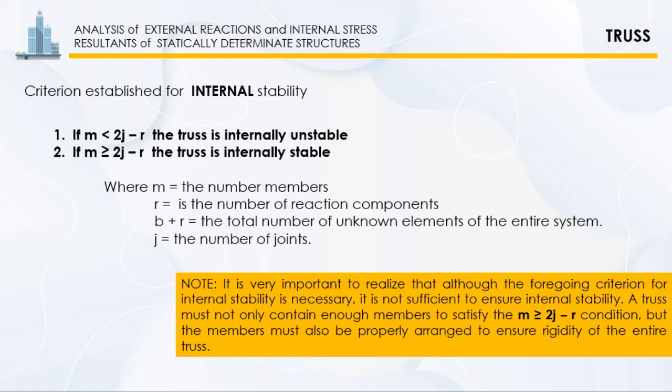Each joint is connected to the rest of the structure by at least 2 non-parallel members, and each portion of the truss must be connected to the remainder of the truss by connections capable of transmitting at least 3 non-parallel and non-concurrent force components.